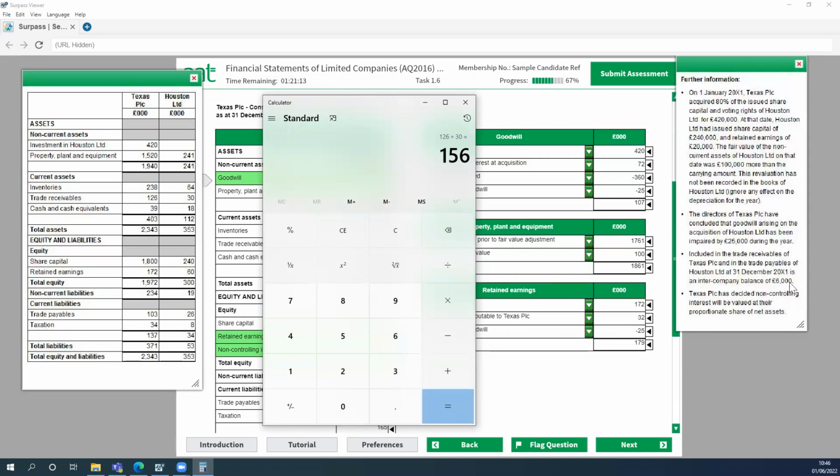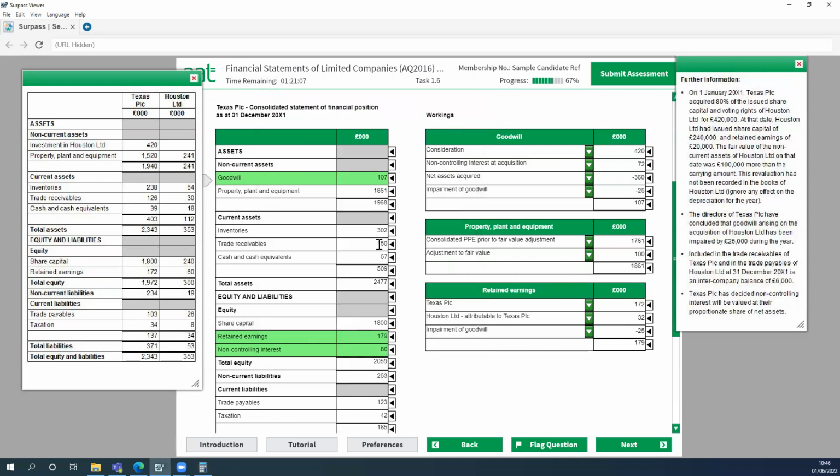But there's an intercompany transaction, wasn't there? So we need to take off the 6, which is where you get the 150 from. So 150 trade receivables. Cash and cash equivalents, just add them together: 39 and 18 is 57, which gives you current assets of 509, plus your non-current assets, which gives you 2477.